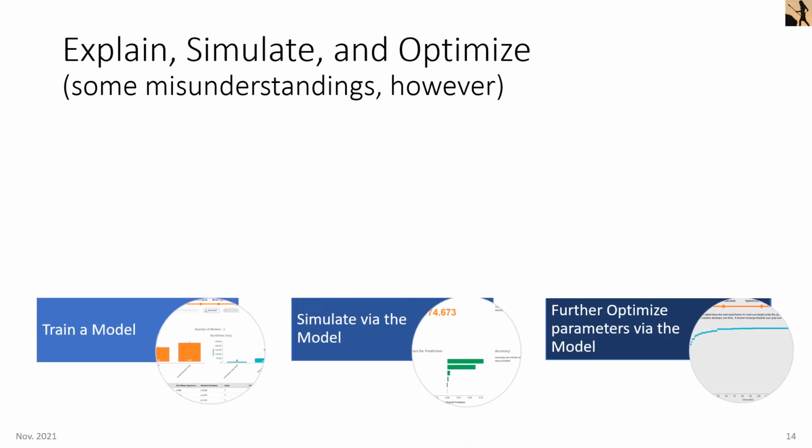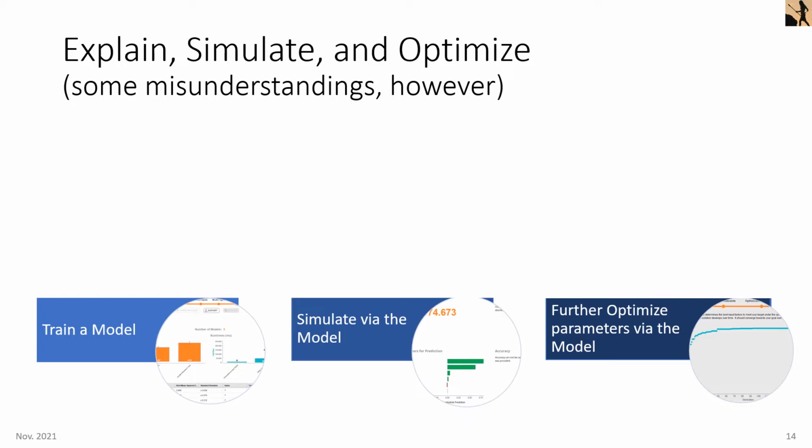Maybe RapidMiner just did not have enough chance to expose this particular feature, the explain, simulate, optimize, to the users, or the users just jump to conclusions too fast without making sure they understand all the concepts involved. But the most important thing here is that we have trained the model.